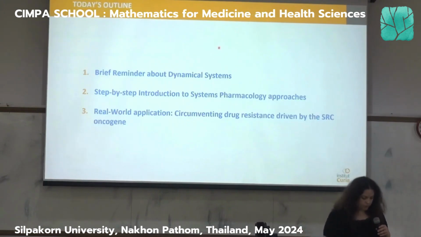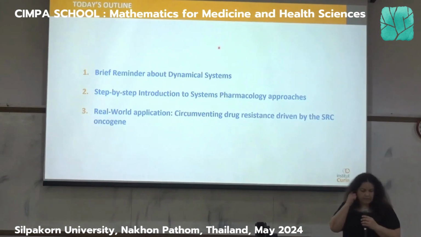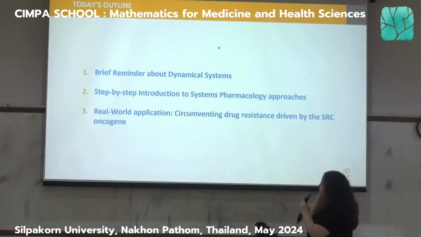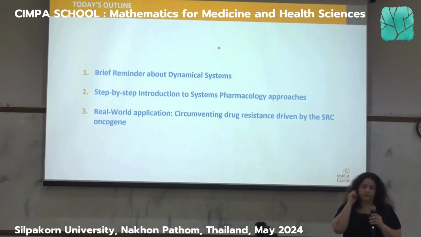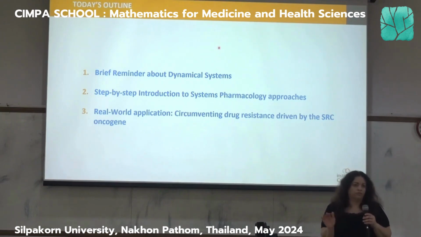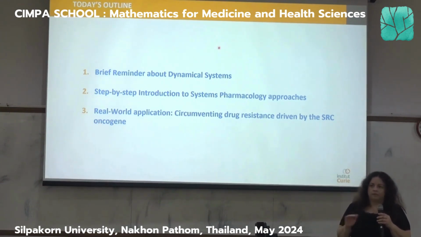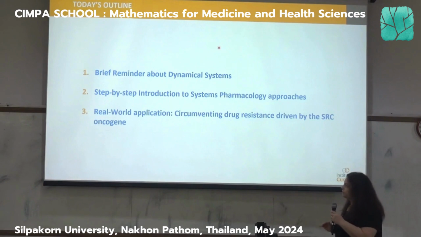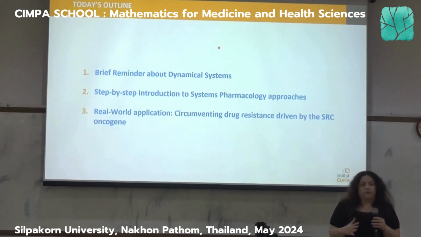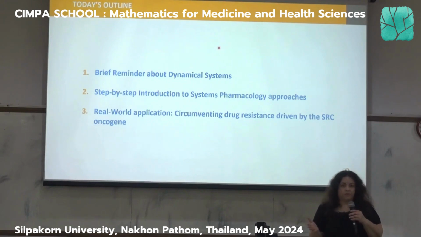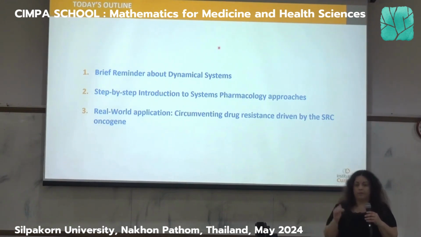So what we're going to talk about today is basically, that's the outline. I will go very briefly through some reminders about dynamical systems. It's going to be super brief, just to make sure that everybody has the same vocabulary. And then I would like to present the way that we usually do systems pharmacology projects, going step by step from the biological question to the solution with the modeling.